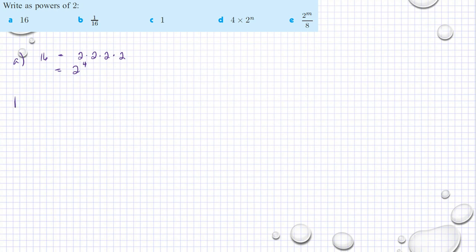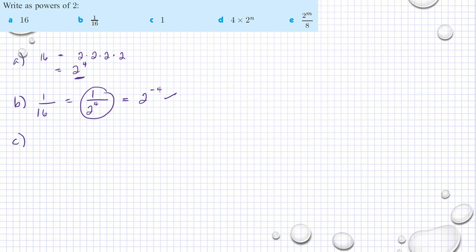Then we have B. We have 1 divided by 16 is equal to 1 divided by 2 raised to 4. We solved that here. And then, that's all right. No more. But if they want to write it in negative, then we have 2 raised to negative 4. But usually, they don't accept this. They accept this.